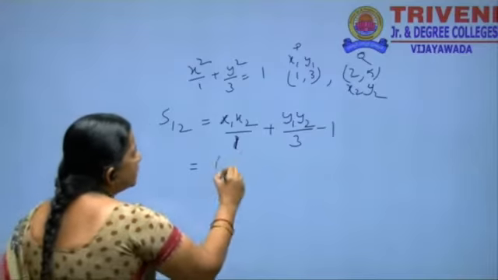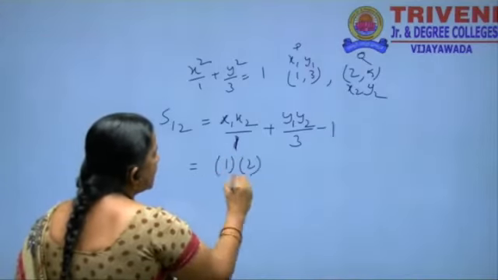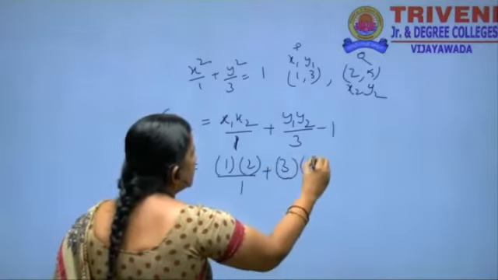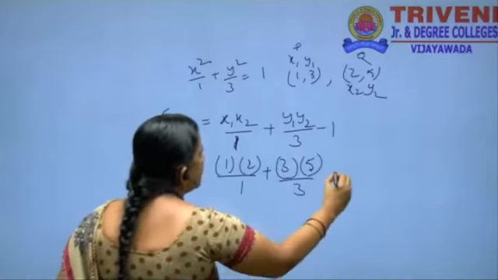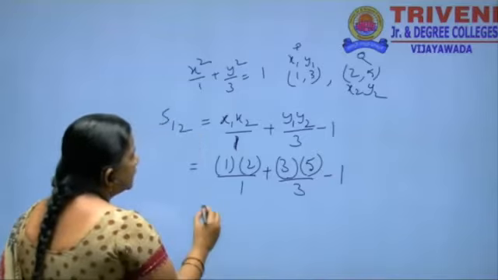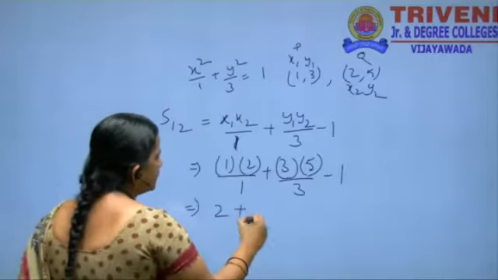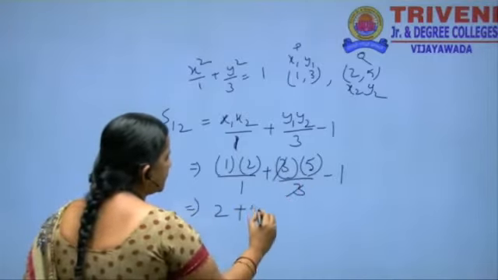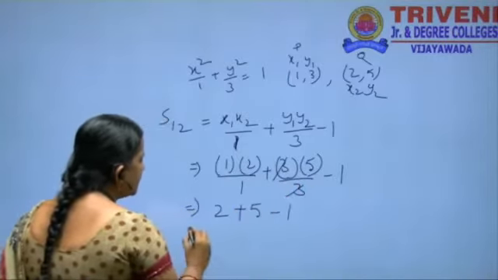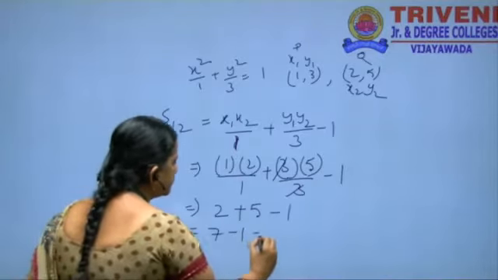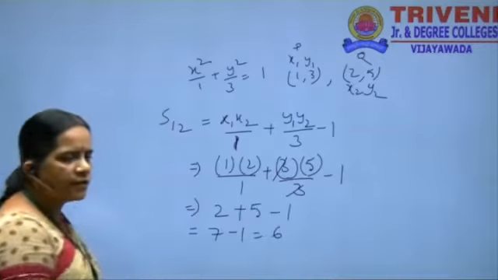Substitute here: 1 into 2 by 1 plus 3 into 5 by 3 minus 1. Here it is 2 plus 3 gets cancelled, 5 minus 1. Therefore, the value of S12 is 6.